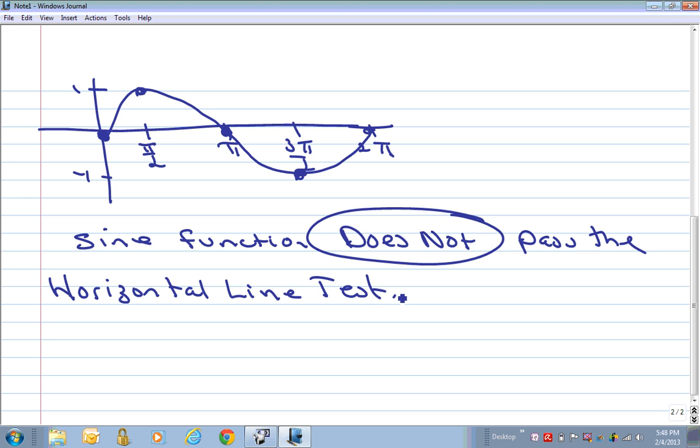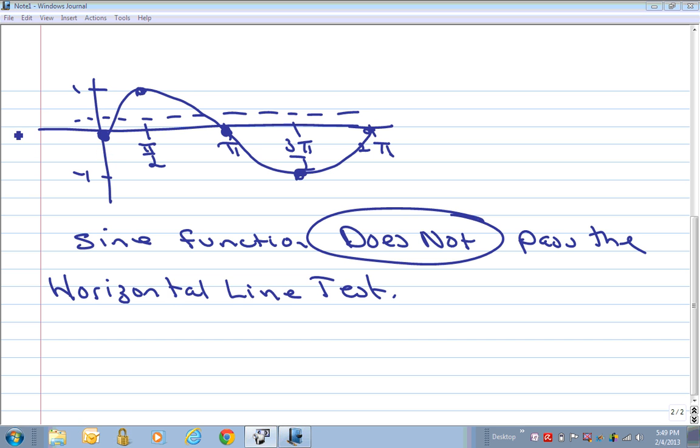And if you remember that from earlier, if it does not pass the horizontal line test, then its inverse is not a function. So we have a little bit of a problem here. I want to talk about notation and restricting our domain so that we can have an inverse function.